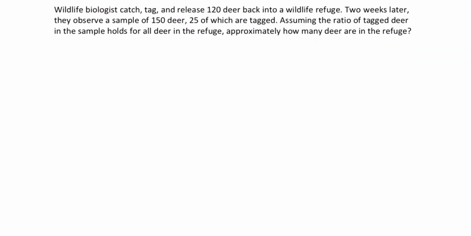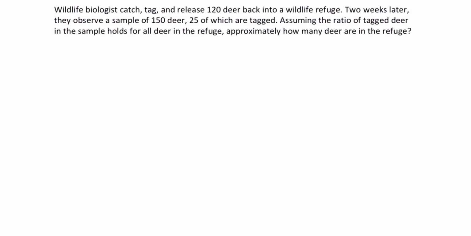Up next, a wildlife biologist catches, tags, and releases 120 deer back into a wildlife refuge. 2 weeks later, they observe a sample of 150 deer, 25 of which are tagged. Assuming the ratio of tagged deer in the sample holds for all deer in the refuge, approximately how many deer are in the refuge?